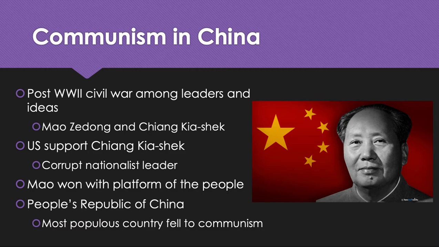So Chiang Kai-shek is going to lead a government that loses a good deal of support because it was massively passive towards Japan during World War II and post World War II, and its people feel as though the government didn't do enough to protect them from the evils of Japan.